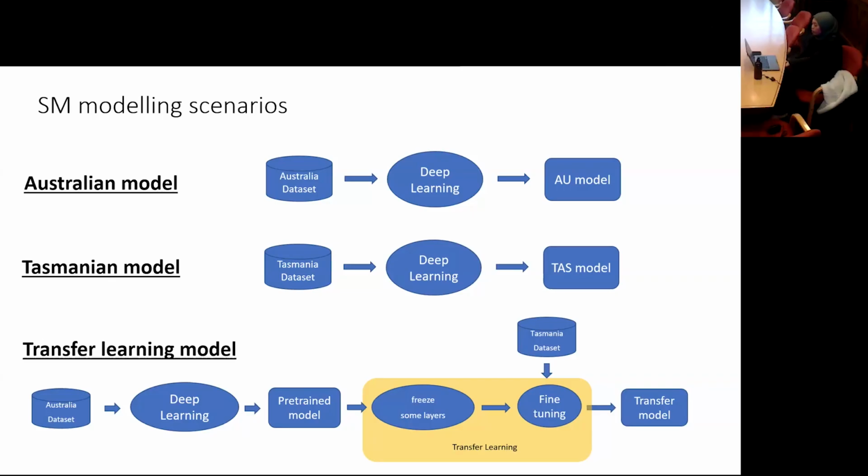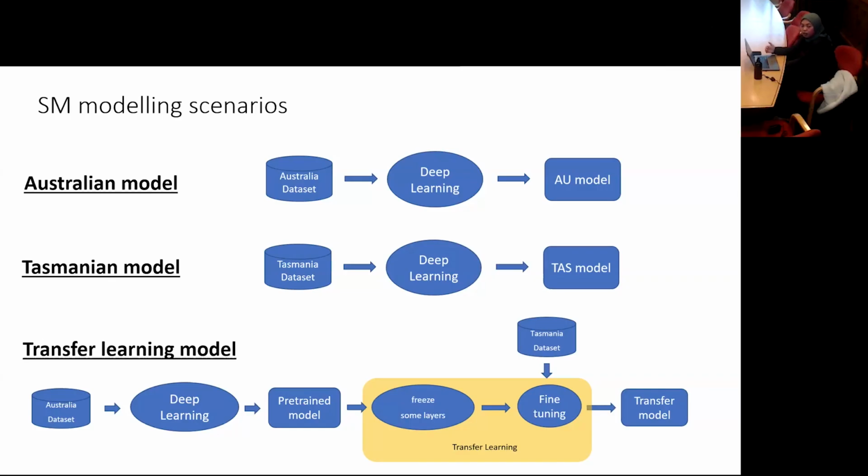We train the deep learning model based on the Tasmania dataset, and we call it the Tasmanian model. And then the last one is the transfer learning model. Firstly, we use the Australia datasets and train it as the pre-trained or base model. Then we freeze some layers, and we fine-tune the model using the Tasmania datasets. And we finally have the transfer model.